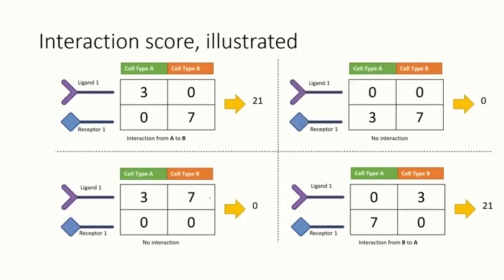If you have a condition like this, because across cell types you don't have the product, the score is low, so there's no indication of interaction between these 2 cell types regarding this pair of ligand and receptor. But if you change ligand 2 to receptor 2, the number may change, so you may detect other ways of interaction.